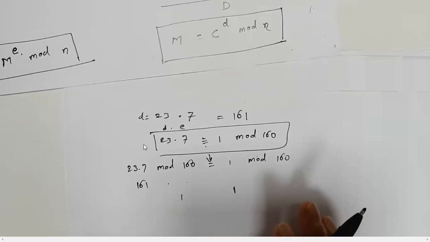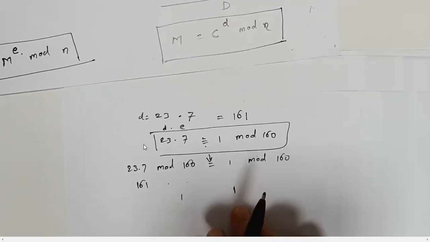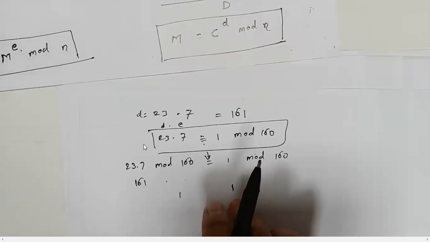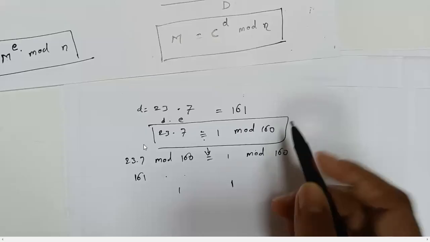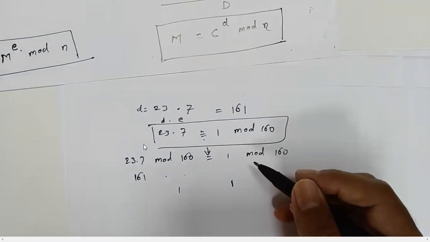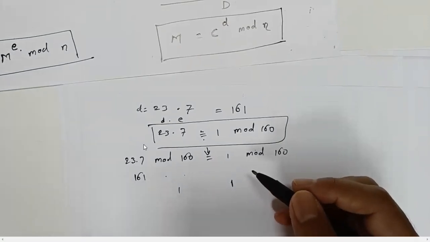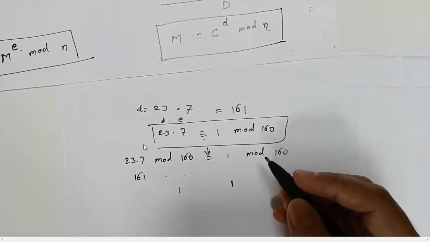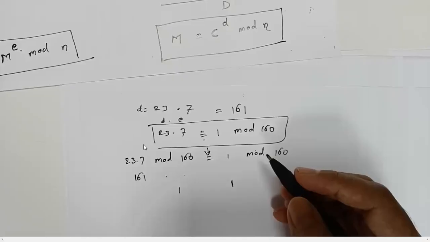I hope the screen was visible to you. Yes, sir. Actually, see, I have shared only this screen with you, not the complete screen of my laptop. And when I was doing the calculations on the calculator, I was on this other screen.